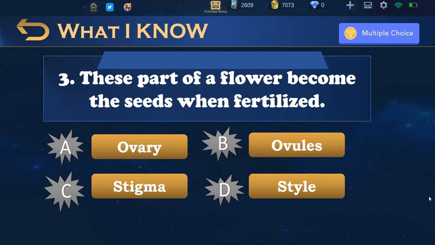Number 3 question. This part of a flower becomes the seeds when fertilized. Is it A, ovary, B, ovules, C, stigma, and D, style? Go. Time is up. The correct answer is letter B, ovules.